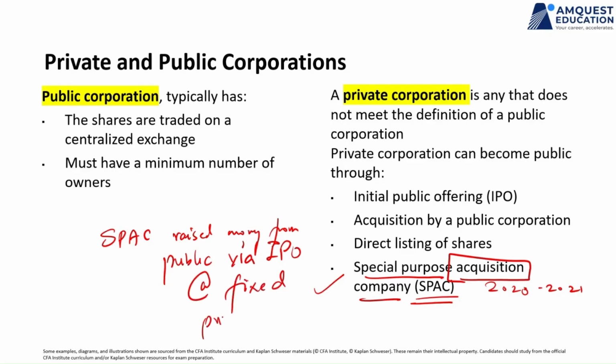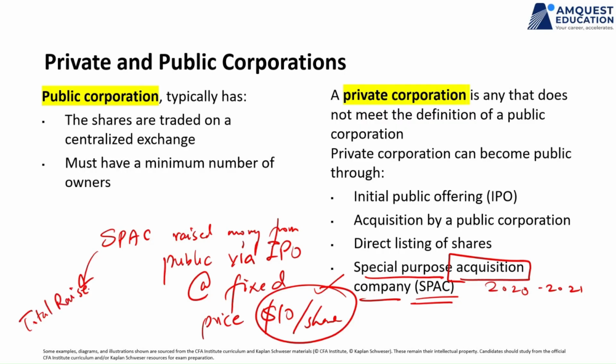The SPAC price was always fixed, $10 per share, right? So if I am running a SPAC, I'm going to sell my shares to you at $10 a share, and I'm going to become public. Now by selling shares at $10, let's say I have raised $100 million. So now I have $100 million in my bank account. And now with this $100 million, I'm going to acquire a company, right?